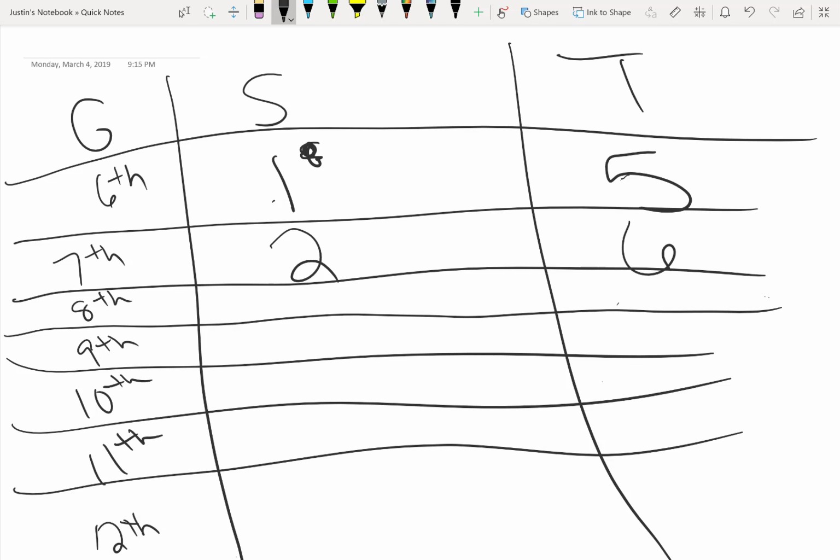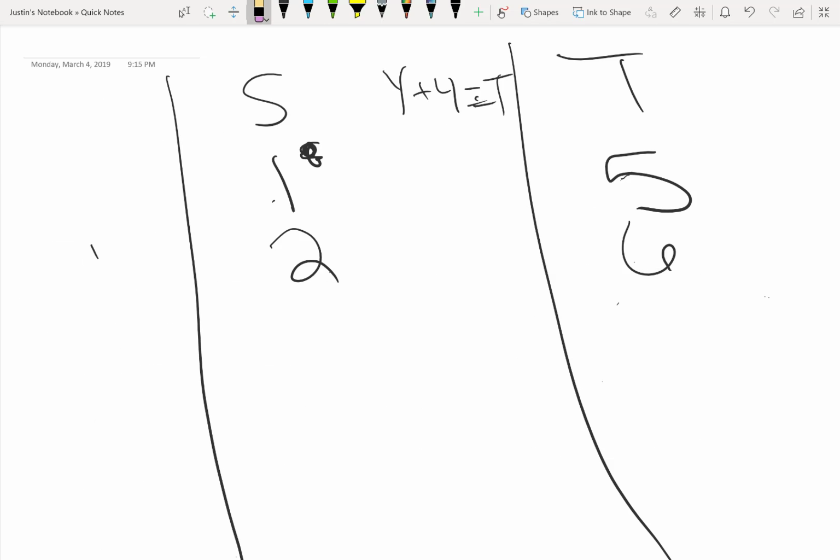So to find out how many years Tara has been dancing, you would say Y for Sue Ellen's plus 4 years, and that would equal Tara's years that she's been dancing. Because she's always 4 years more than Sue Ellen. Like 6 minus 2 is 4, 5 minus 1 is 4. So continue filling that one out and answer the questions there.